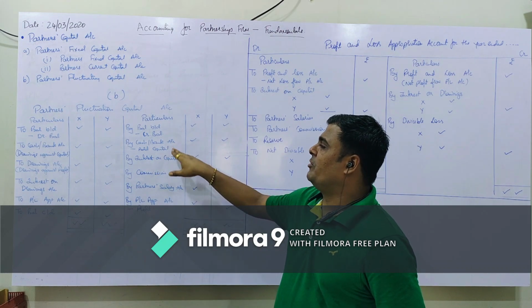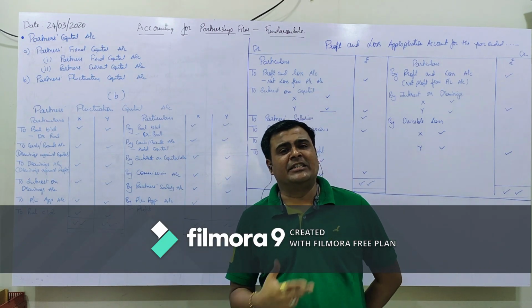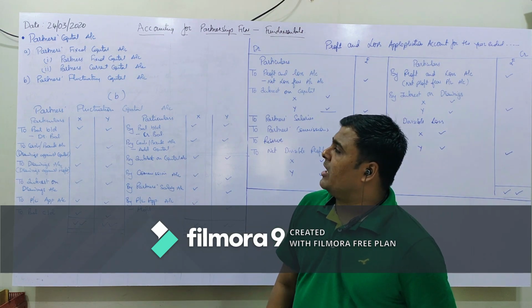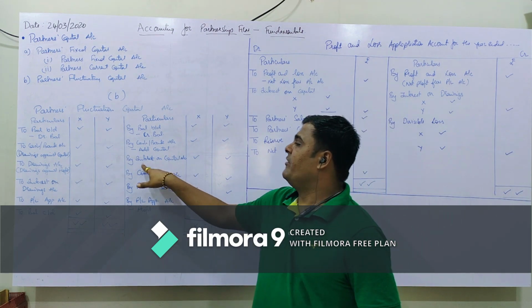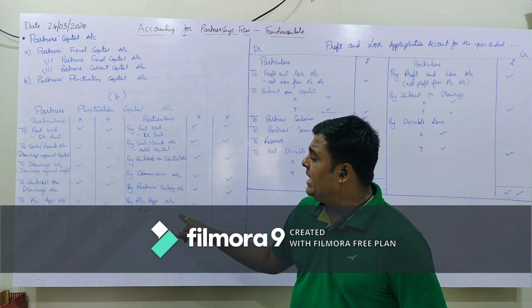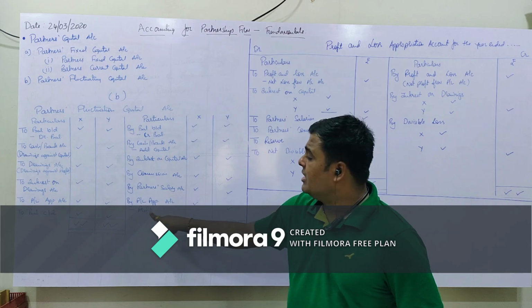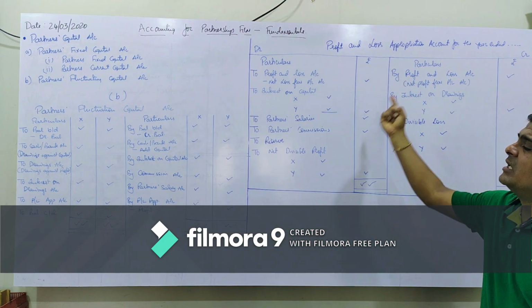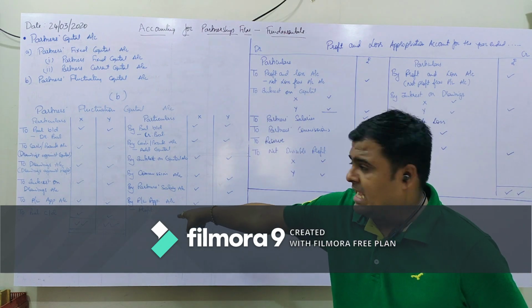Another item is cash or bank, that is additional capital. Additional capital, if the partner brings it into the firm, will be credited in the partner's fluctuating capital account. Then we have interest on capital account, we have commission, we have partner's salary, and the profit and loss appropriation account, that is the divisible profit. What is on the debit side of profit and loss comes to the credit side of the partner's capital account.